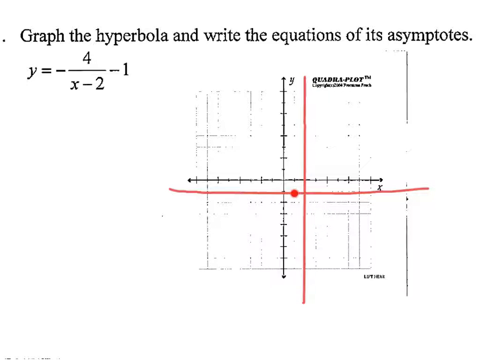Instead of left 1, down 1, I need to go left 1, reflect it, so go up, and stretch to 4. Let me graph those points as best as I can with this crappy graph. 1, 2, 3, 4. There's my reflection and stretch. 1, 2, 3, 4. There's my reflection and stretch. And there's your graph.